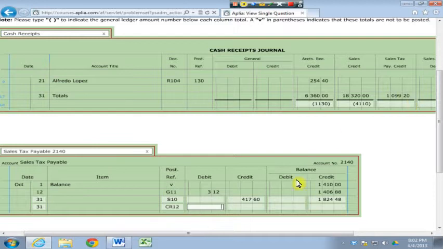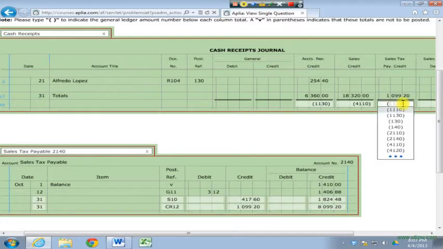This is a credit, so we're recording it in the credit column. We had a credit balance, so are we going to add or subtract? We're going to add the two numbers together. And when we do, we should get $8,099.20. We're going to record our account number up here.